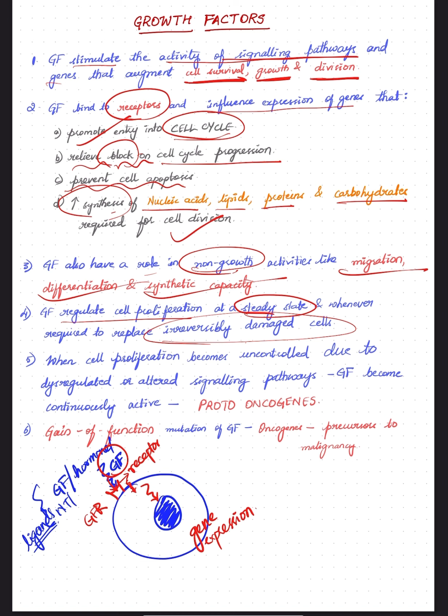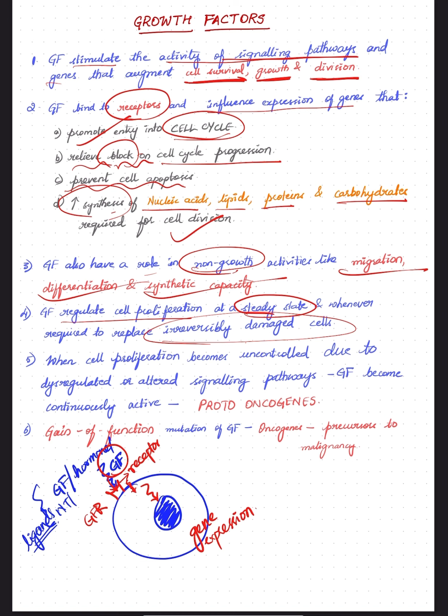If it is within control, well balanced, then normal cell balance will be maintained. If it turns uncontrolled, with increased proliferation of cells, when cell division runs amok, then it leads to malignancy.